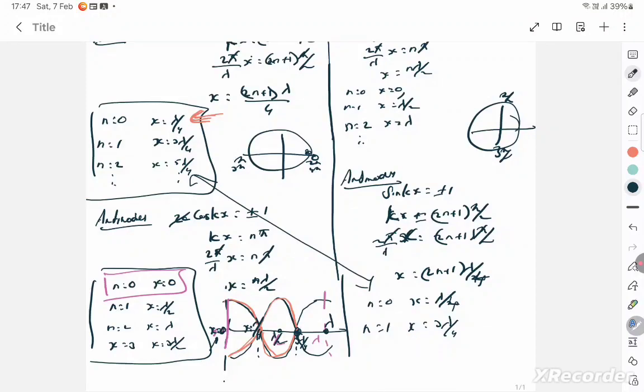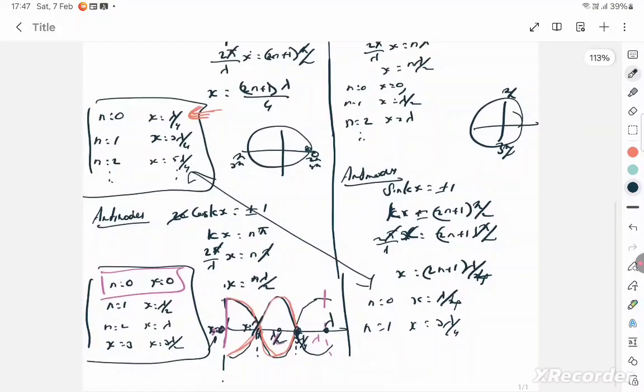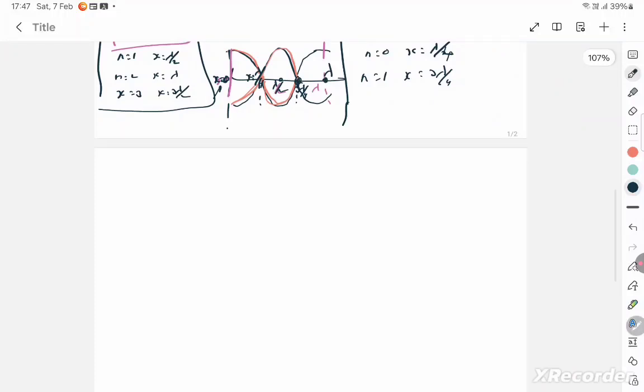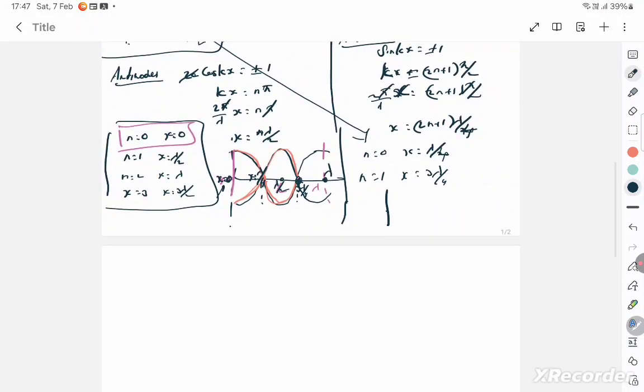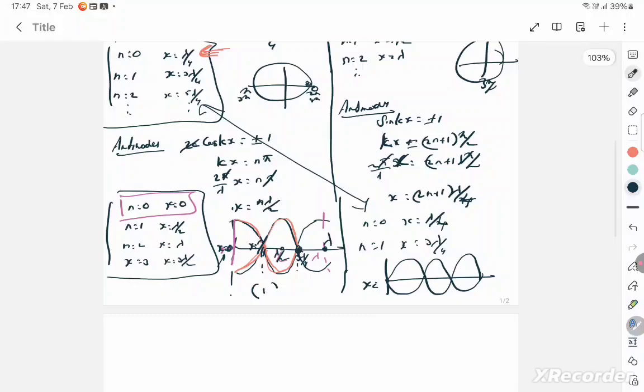That was for nodes, and this is for antinodes, the positions. And you know that this is a sine graph, and the stationary wave starts like this at x is equal to 0. So that's the variation between the first and the second derivation. I hope you're clear.